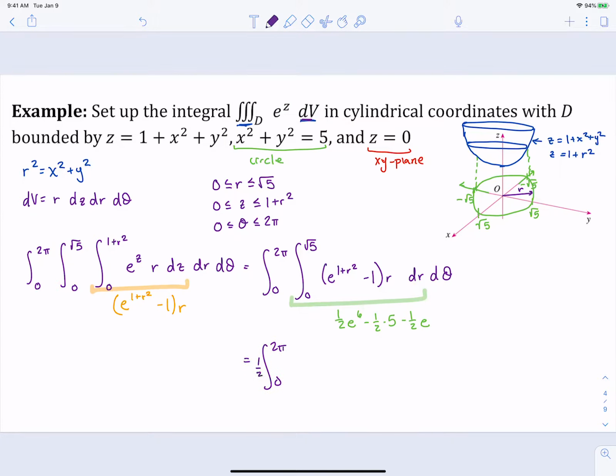That 1/2, you can pull out in front. That's a constant term, e to the 6th minus 5 minus e, d theta. And what's nice about this is that all of this stuff is just a constant. And then we get times theta from 0 to 2 pi. So that's going to be pi times e to the 6th minus 5 minus e. And if you wanted a number for this, this is approximately 1,243.2.